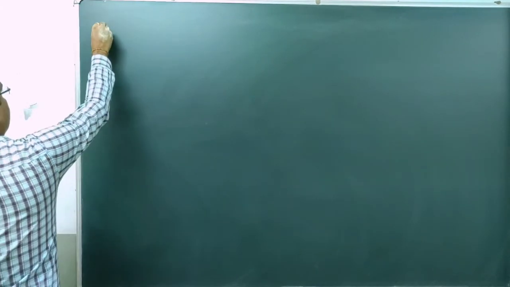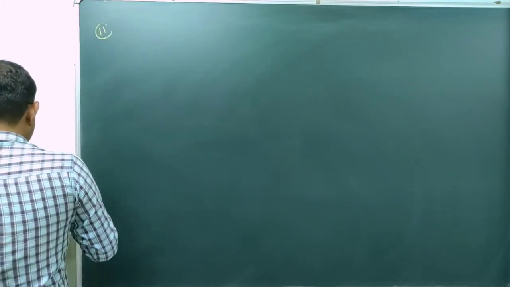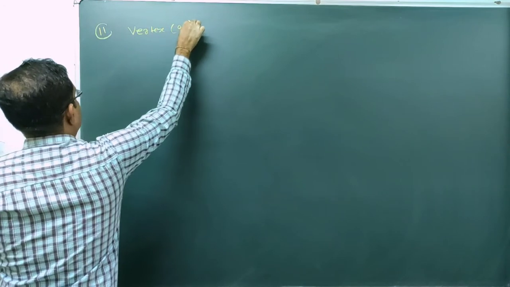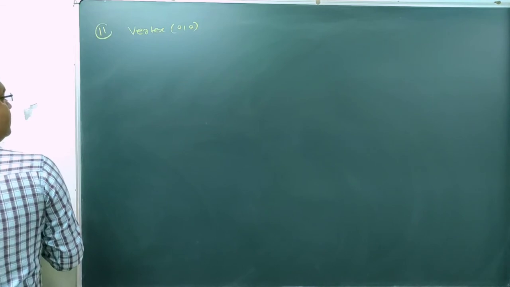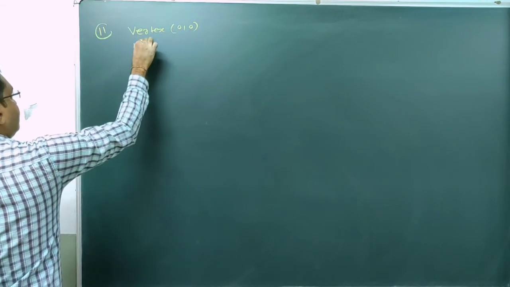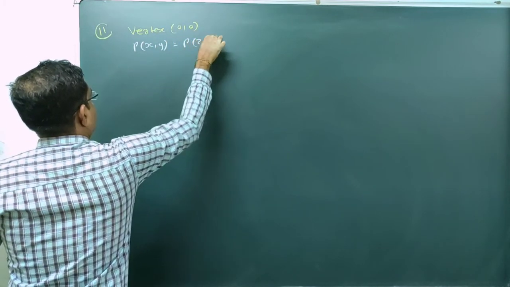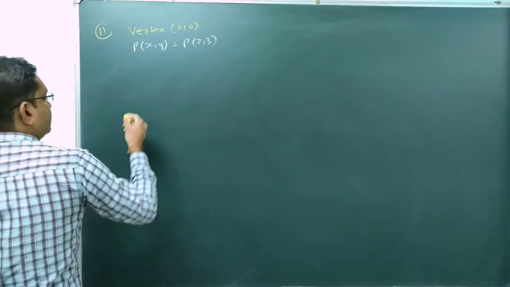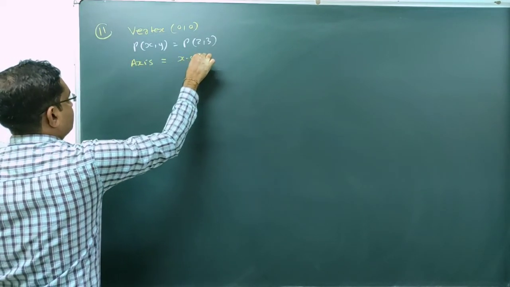Question number 11. Now question number 11. So here condition is vertex is origin, and parabola is passing through this point (2, 3), and one general point is given P(x, y), that is (2, 3). Parabola is passing through this point (2, 3), and axis is along with the x-axis. Axis of parabola is along with the x-axis.